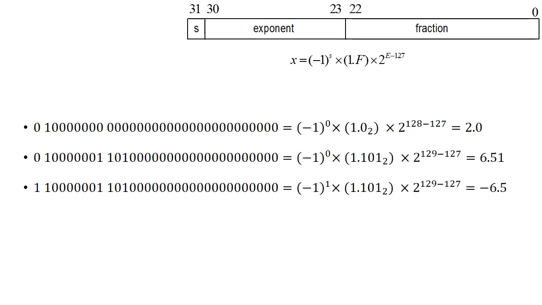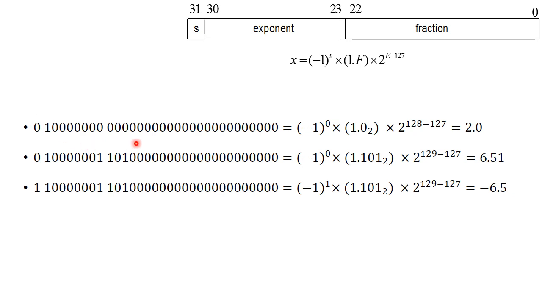So let us consider an example in order to identify how this formula is going to make the conversion. So let us consider this particular example. In this one, this is going to be the fraction part, this is going to be the exponent part, and this one bit is going to be the sign bit, right?